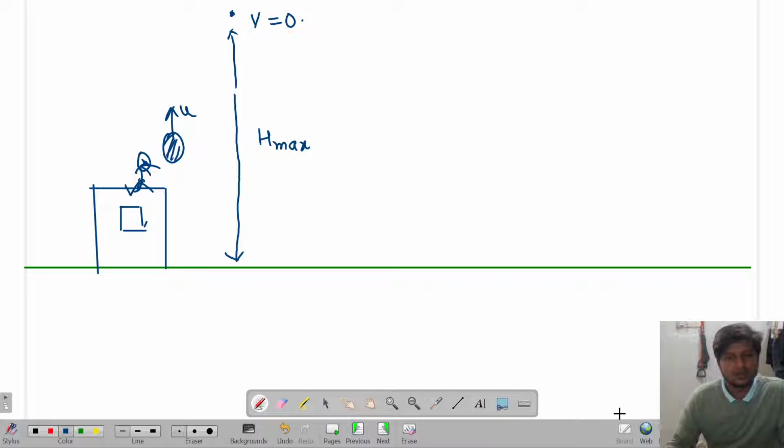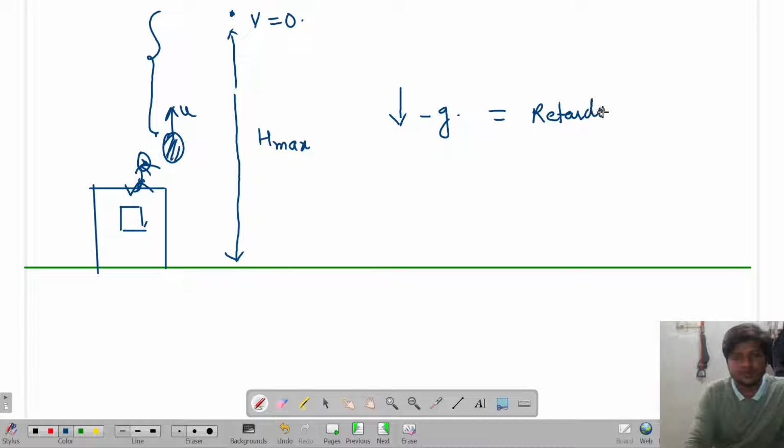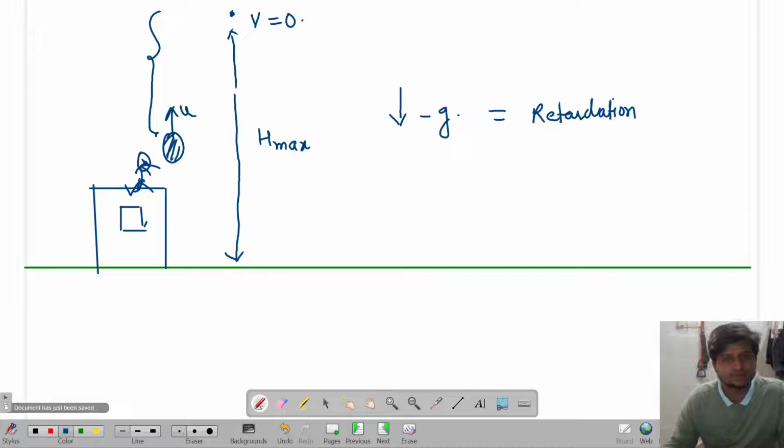But if I consider the acceleration of the particle in this range, that is acceleration due to gravity, minus g. This is acting downwards. Is this a retardation or not? Tell me yes or no. For upward velocity, this is a retardation, yes or no. Yes, sir.